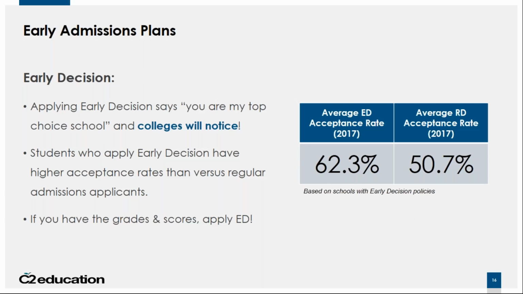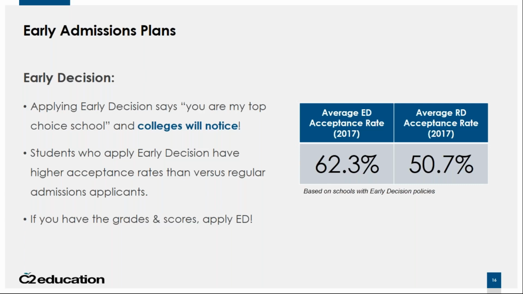So if you have the grades, if you have the scores, if you have everything you need, if it's a target school, or even if it's a reach school, and you are 100% certain that you want to go there, it's your dream school, it's your parents' dream school for you, whatever the reasons may be, if that is the school you have been dreaming about since you were 5 years old, apply early decision, right?